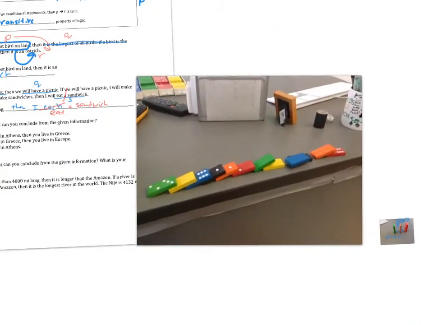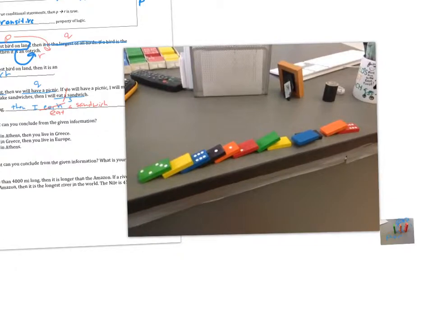We're going to take this to the next level by saying that sometimes we can have both things happening at the same time, right? So let's look here. Notice we start way over here, and the P is way over there, and then it goes P, Q, R, S, T, U, V, W, X, Y, Z, all the way to whatever letter, we'll just say Z. So notice that the setup here is the law of syllogism.